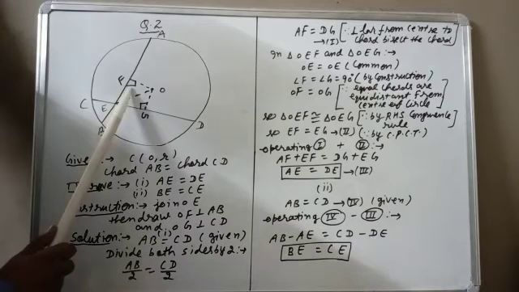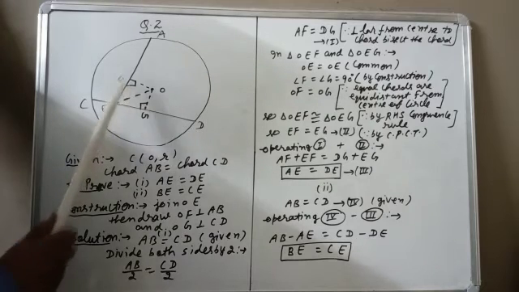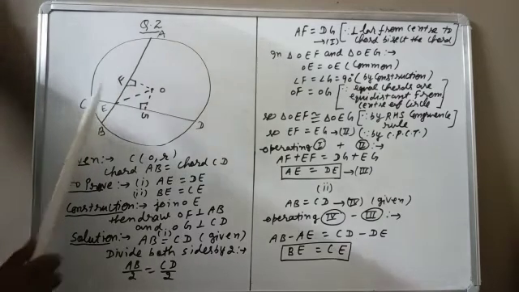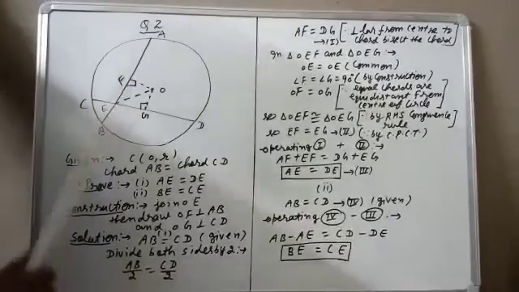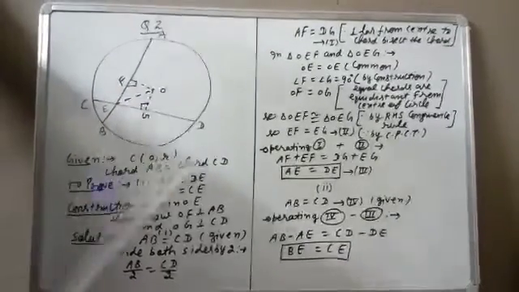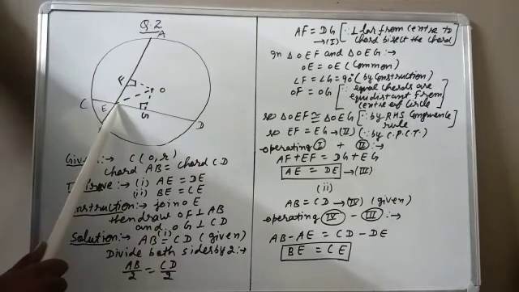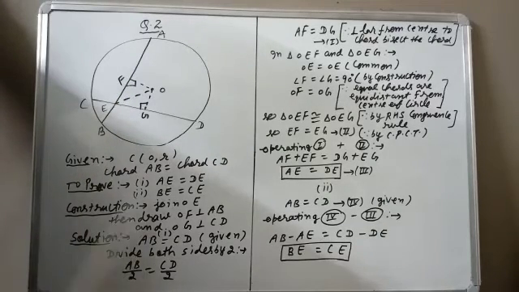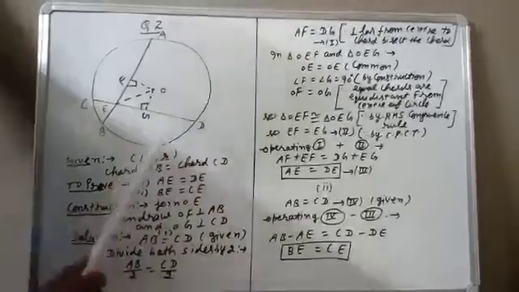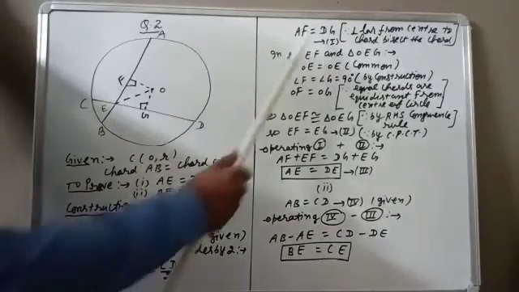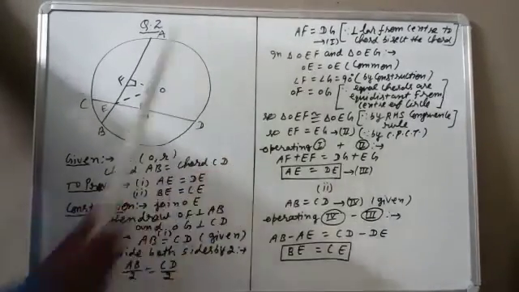Now here is a 90 degree angle, or you can say OF is perpendicular on AB. So according to the first result of this exercise, a perpendicular from the center to a chord bisects the chord. It means AF and FB are equal. So AB half we can write AF. In the same way, CD half we can write DG. Let this be equation number first.